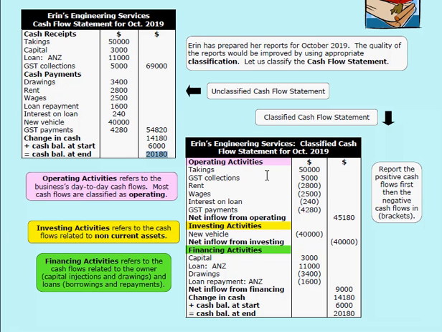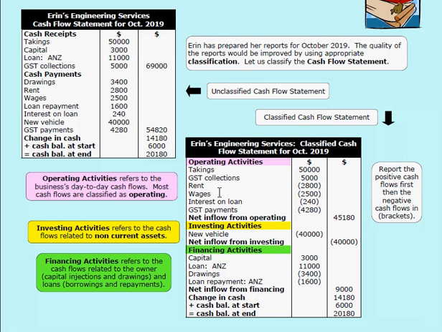On the bottom is the classified cash flow statement. Exactly the same business, same period of time, but the information is now classified. That is, we group together cash information that has a particular characteristic. In the cash flow statement, there are three classifications or subheadings: operating activities, investing activities, and financing activities.